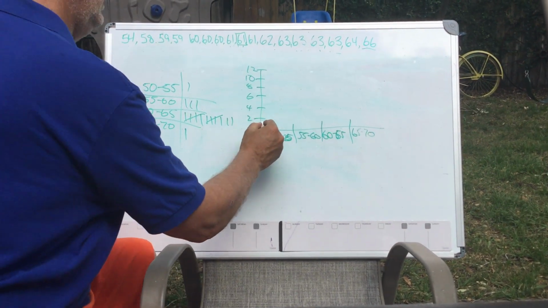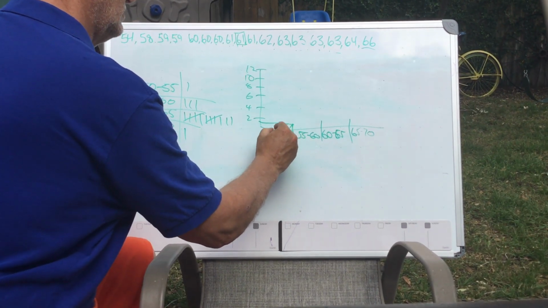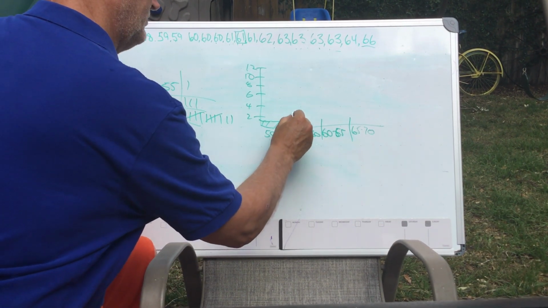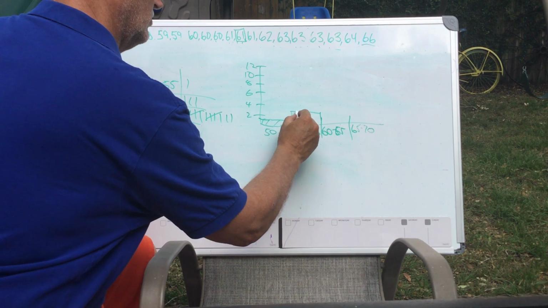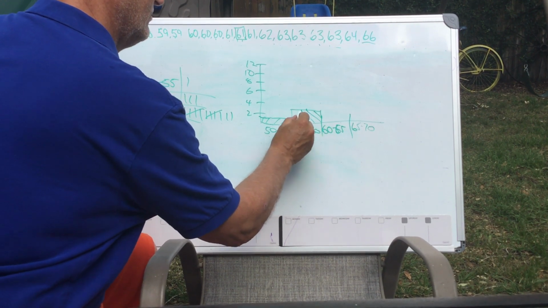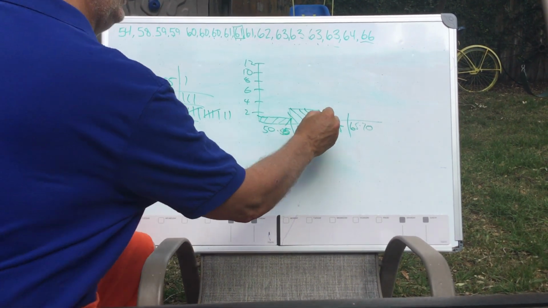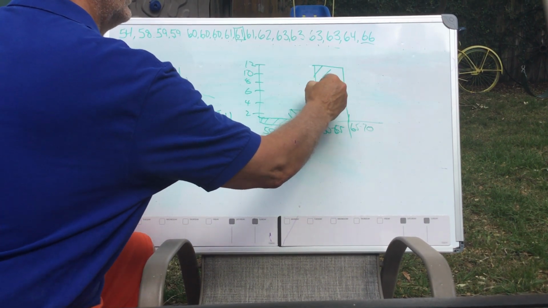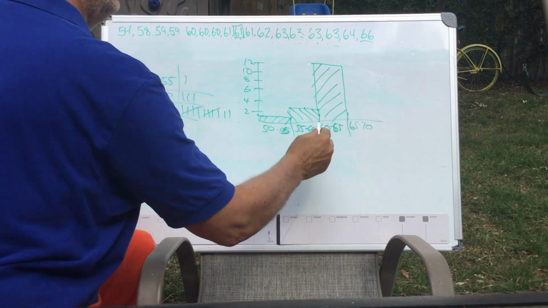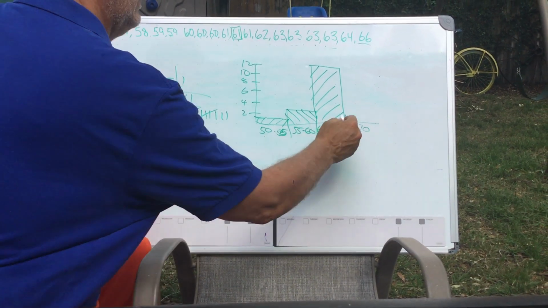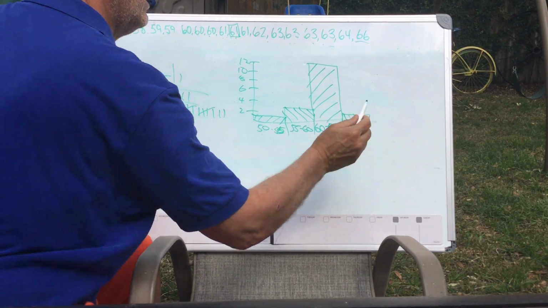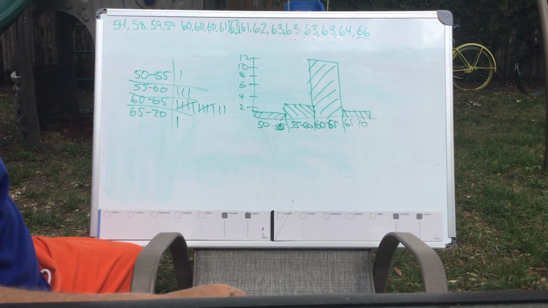So we have 1 here, so we're going to do that. We have 3 here, so we're going to go up to here, and we'll go this way. We have 12 here, so we're going to go all the way up here, over and down, and this is going to be 12, and then 65 to 70, we've got 1. So that's our histogram.